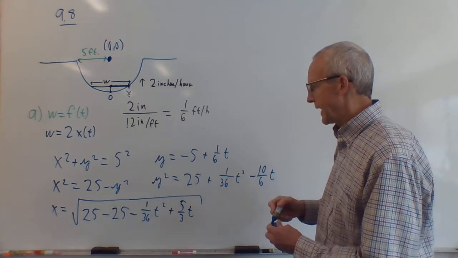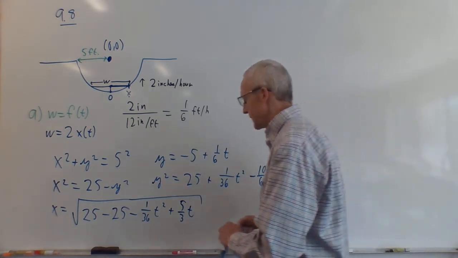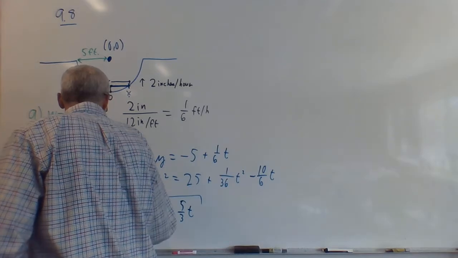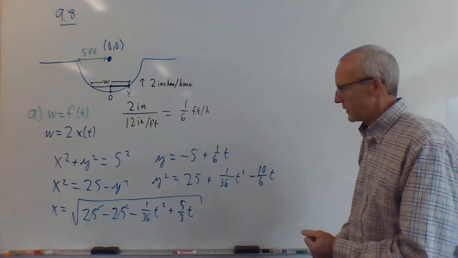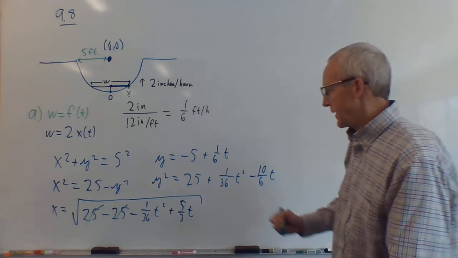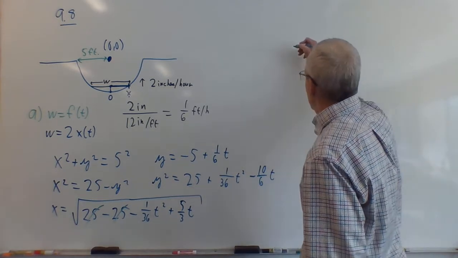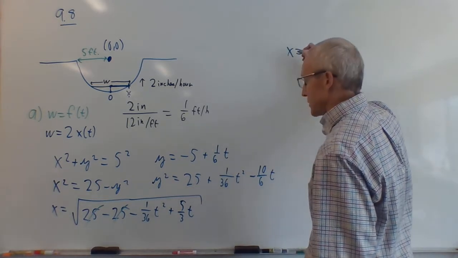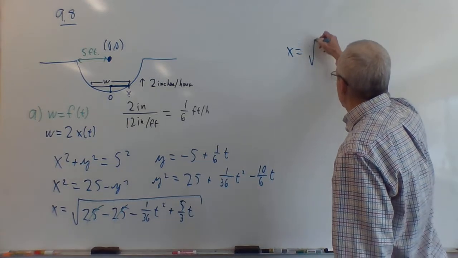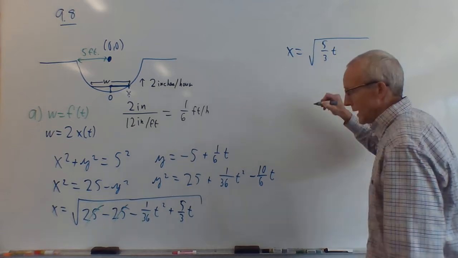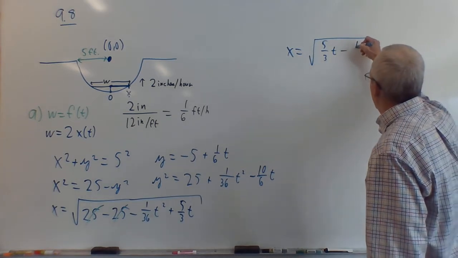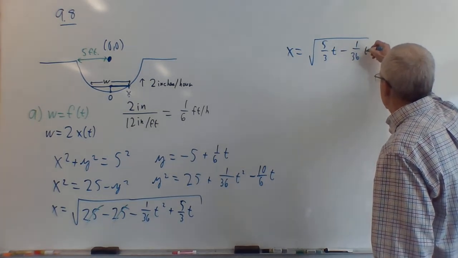Okay, I think that's right. And it's wonderful because 25 minus 25 goes away. And now we're just left with this, which is not so wonderful looking. Let's put the 5/3 t first. So x then is equal to the square root of 5/3 t minus 1/36 t squared.